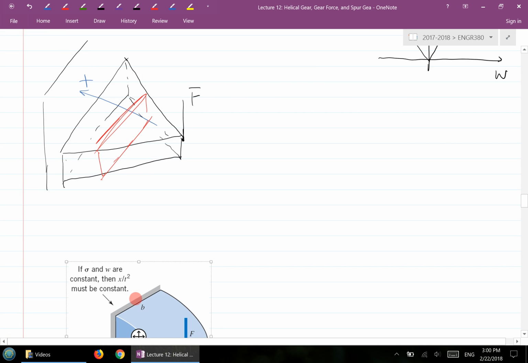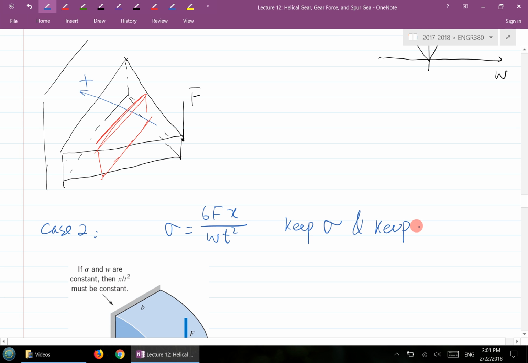So let's look at case number two. Okay, case number 2. And our starting point is still this stress, general normal stress. Okay, general normal stress. So in this second case, we're going to keep the sigma constant, but this time we will keep the W constant now.